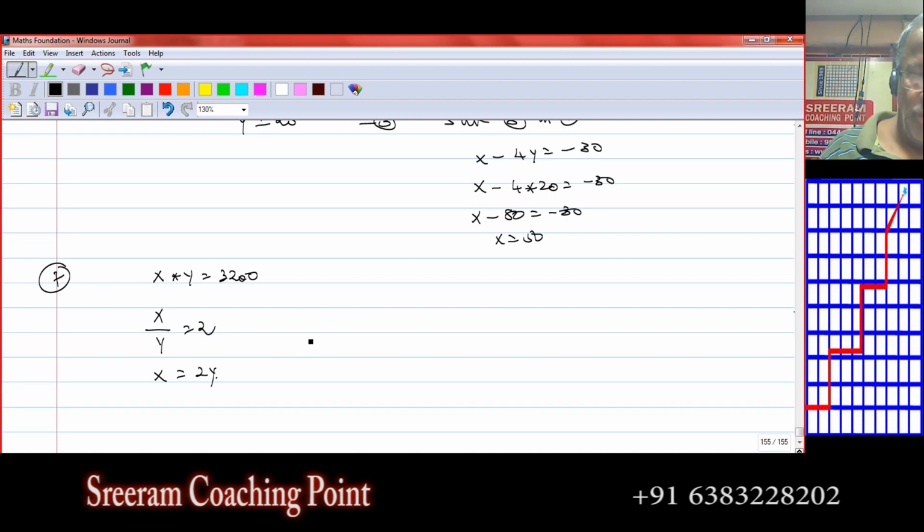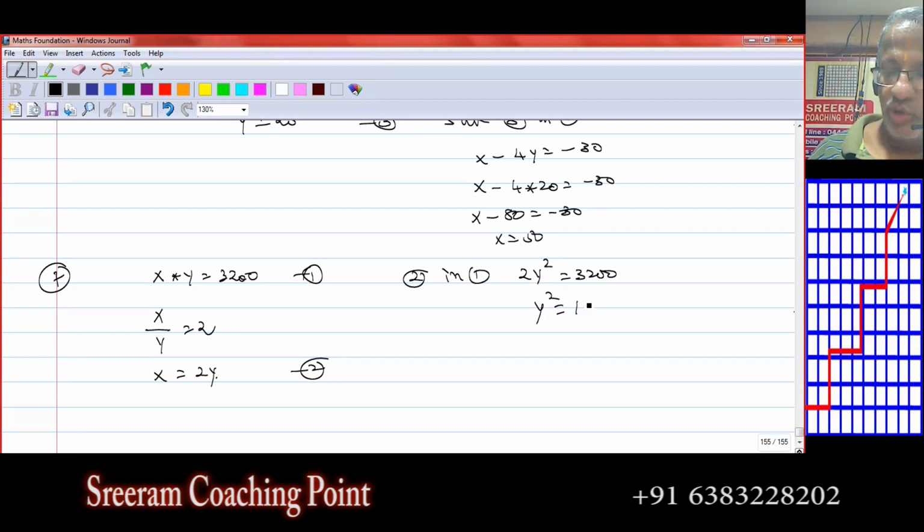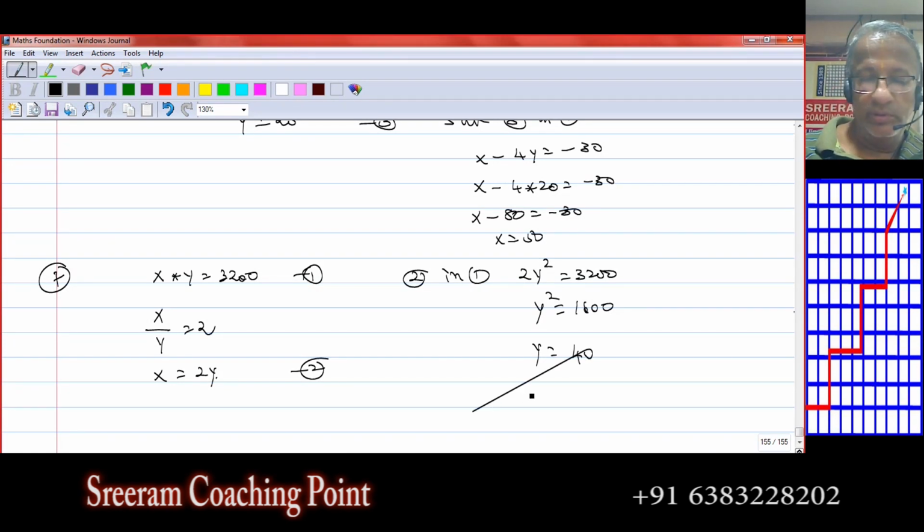So therefore I will substitute 2 in 1. So 2y squared equal to 3200. Y squared is equal to 1600. Y is equal to 40.